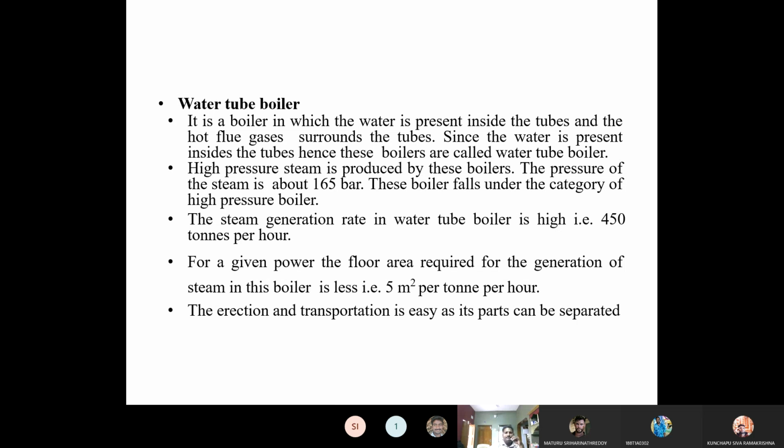Let us see brief information about water tube boilers. It is a boiler in which water is present inside the tubes and the hot flue gases surround the tubes.